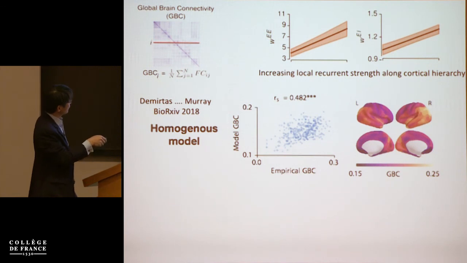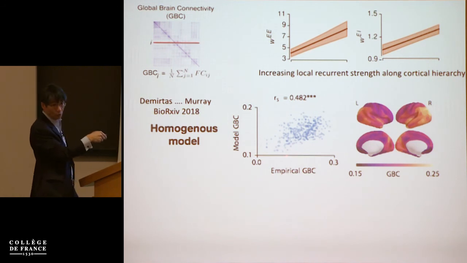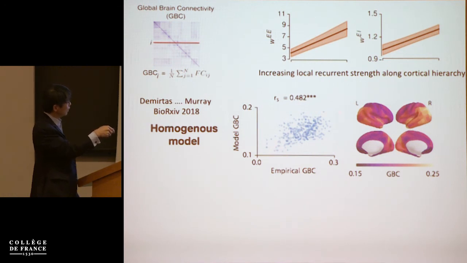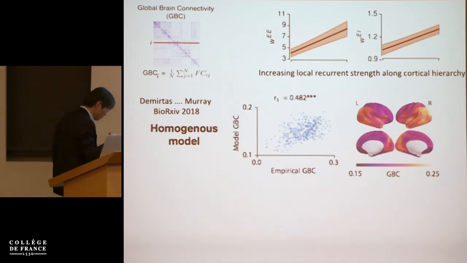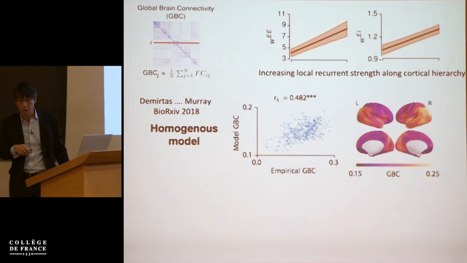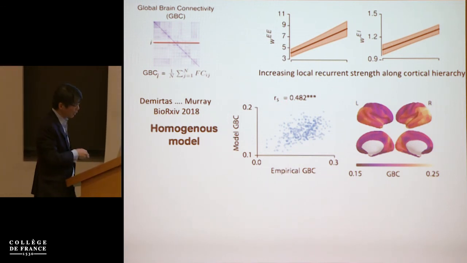What they found basically is that when there's no gradient, in the homogeneous case, you can compute this GPC for each area, plotted against the empirical observed GPC from the experiment. So you get a dot for each area. You can see how well they are correlated as a good measure of fitness of model with data. And here the correlation is 0.5 or so.